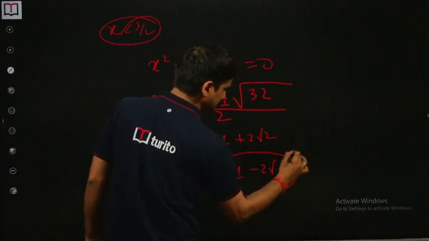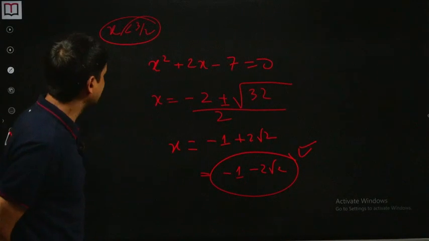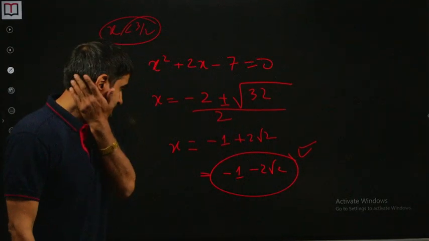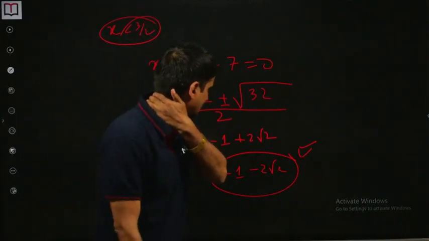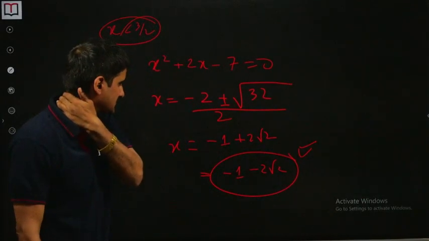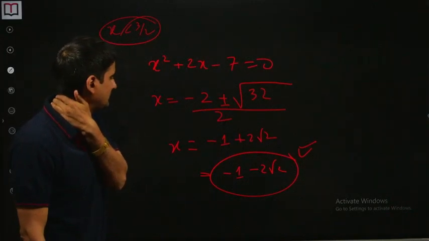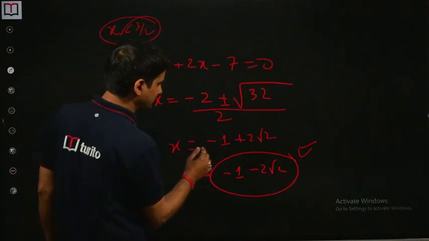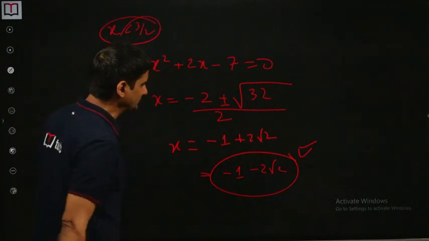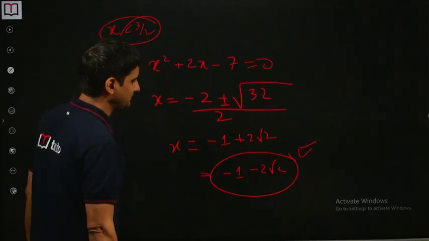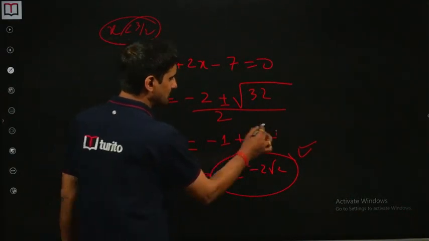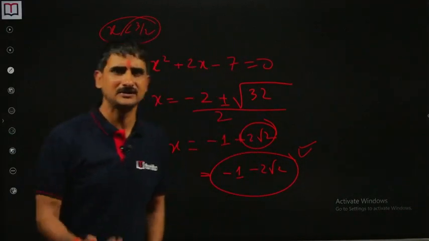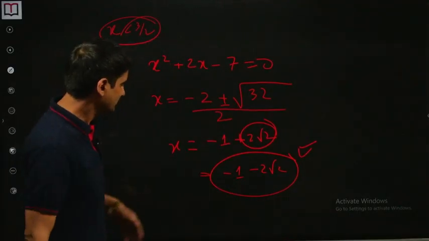Of course this is less than your 3 by 2. And what about 2 root 2? So 2.8, minus 1 is 1.8. Oh no, only one root, because I checked it. Root 2 is 1.414, so 2.8 somewhere, minus 1 gives 1.8. So that's the only root.